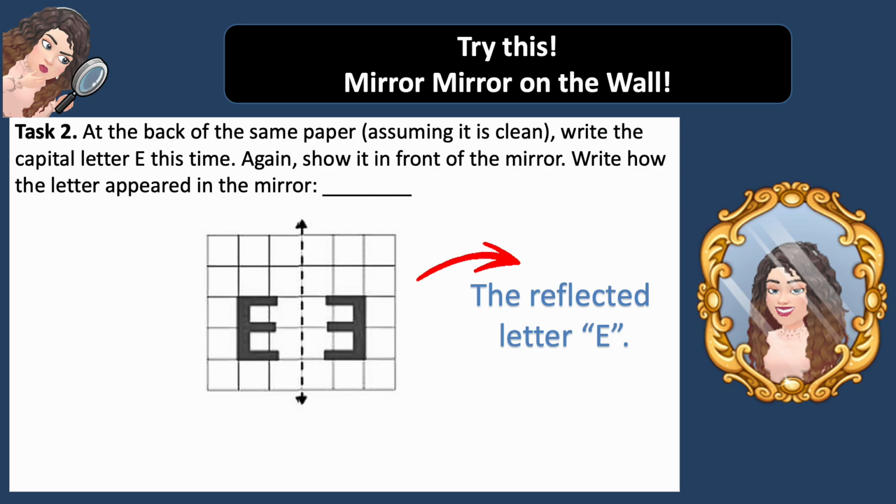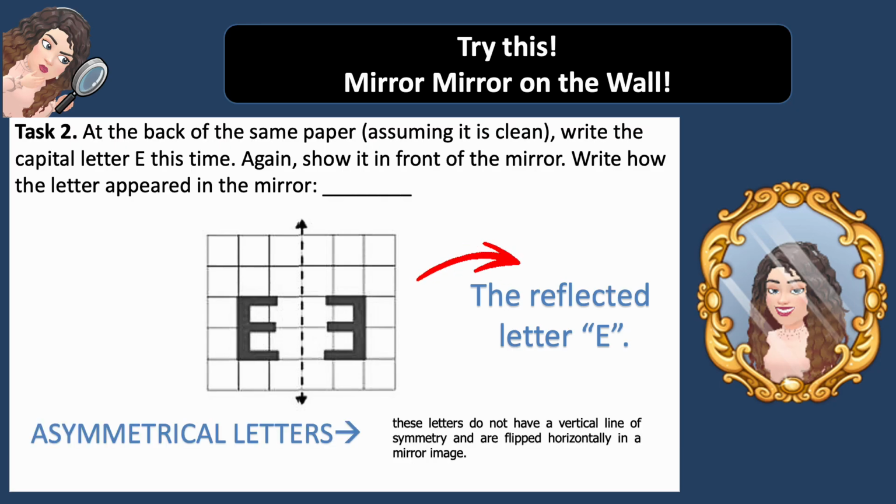This horizontal reversal, where the left of the object becomes the right of the image and the right becomes the left, is a critical property of reflection. We call this phenomenon lateral inversion. And this letter E is considered as asymmetrical letters, wherein these letters do not have a vertical line of symmetry and are flipped horizontally in a mirror image.